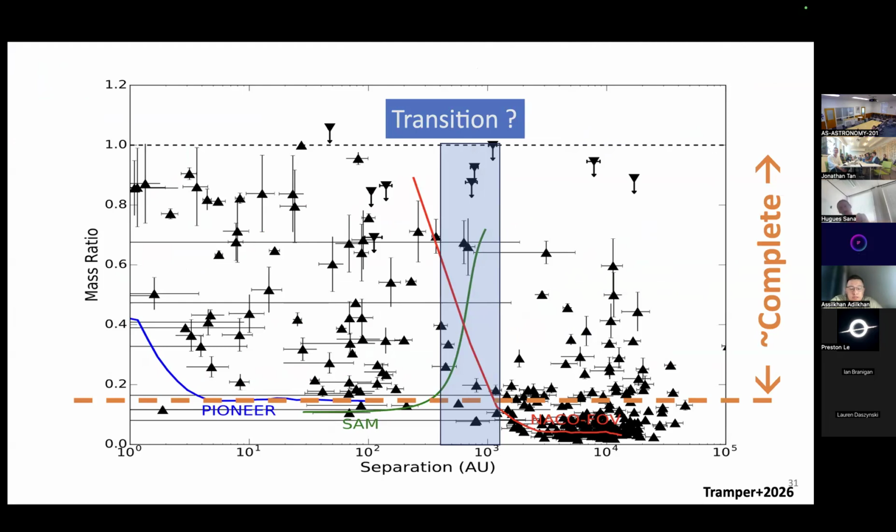Thank you. Do you know the ages of the clusters? Because I'm thinking that maybe when star formation is going on, there are very many binary stars. And after that, some binary stars are lost and evolve into single stars.